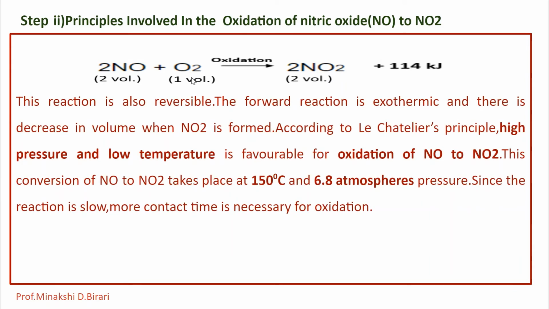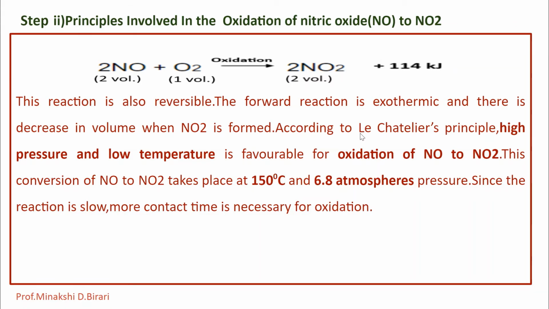This reaction is also reversible. The forward reaction is exothermic and there is a decrease in volume when NO2 is formed. So here 2 volumes of NO and 1 volume of O2, total 3 volumes of reactants, give only 2 volumes of product. That means there is a decrease in volume when NO2 is formed.